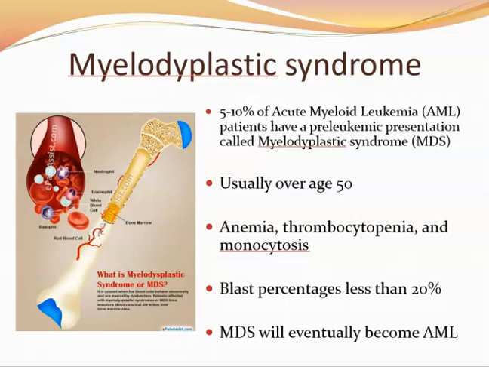Patients have anemia or thrombocytopenia, which is low platelets, and monocytosis, which is abnormally high numbers of monocytes. They also have blast percentages of less than 20%. And MDS will eventually become AML. Okay, so this is kind of a precursor syndrome which will eventually lead to your acute leukemia.